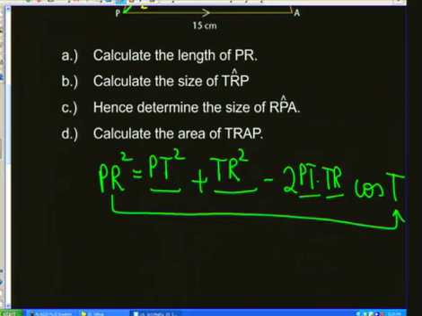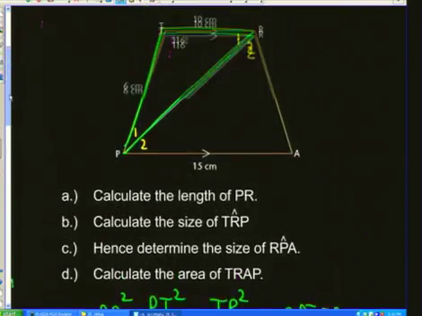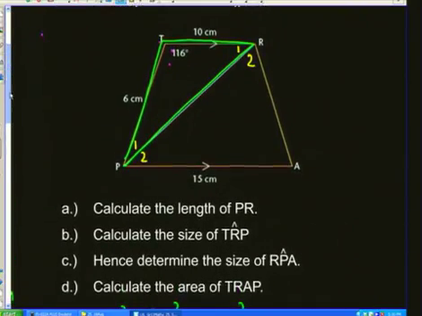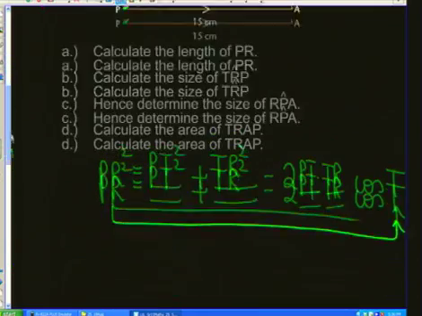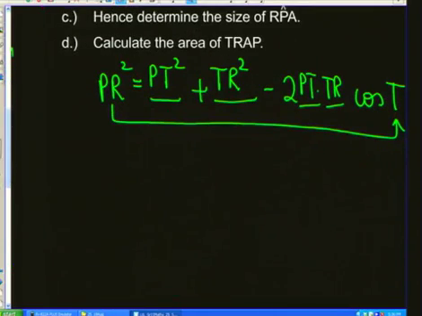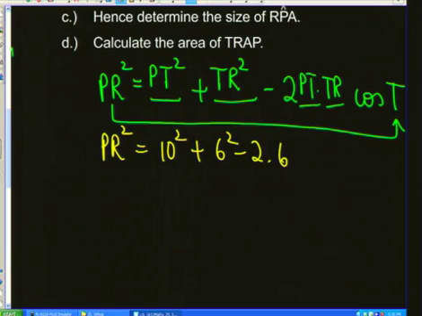Once you've written down the information with relation to the triangle that you're working in, you can now go and substitute in values. So we have 10s and 6s, and we've got 116. So PR squared, that's what we're trying to find, is 10 squared plus 6 squared minus 2 times 6 times 10 times the cos of the angle that's facing that PR.